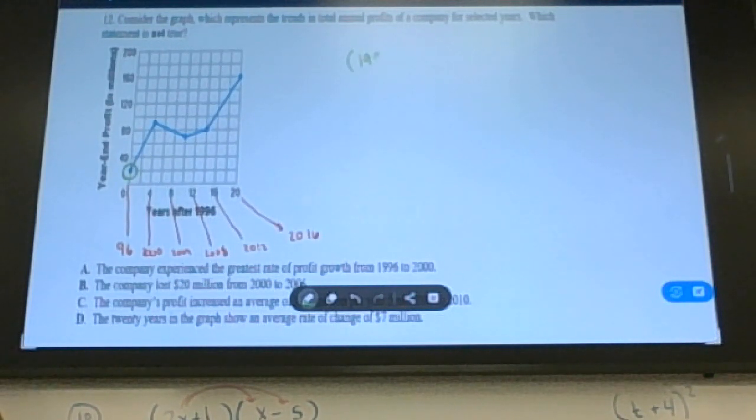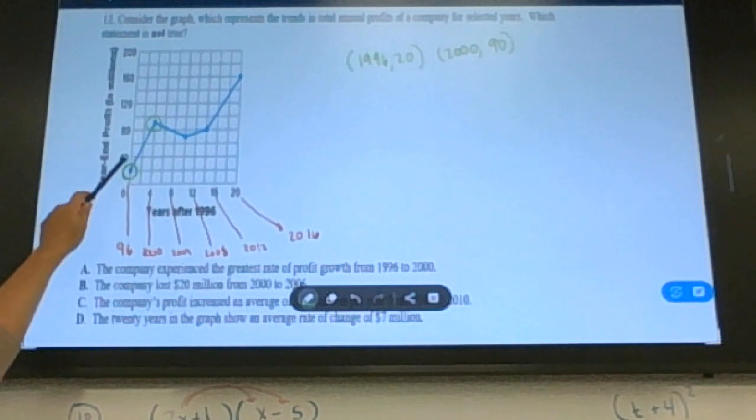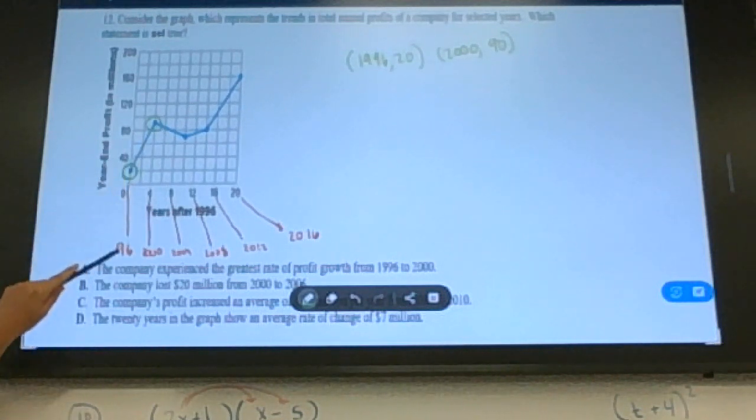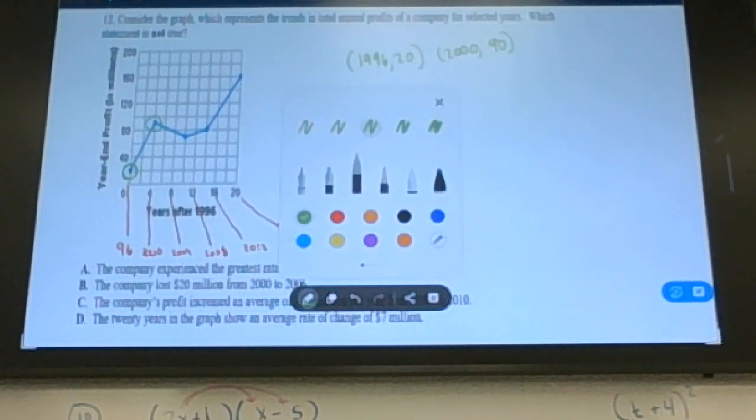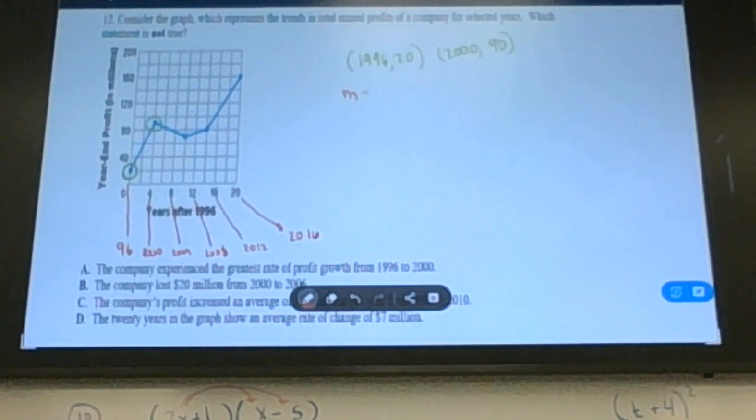I would say at 1996 they had $20 million profit, and then in the year 2000, this says that they had, so these are going by 20s, they had a $90 million profit. So I made two ordered pairs between these years, 1996 and 2000. So anytime you see rate, you want to think of slope formula.